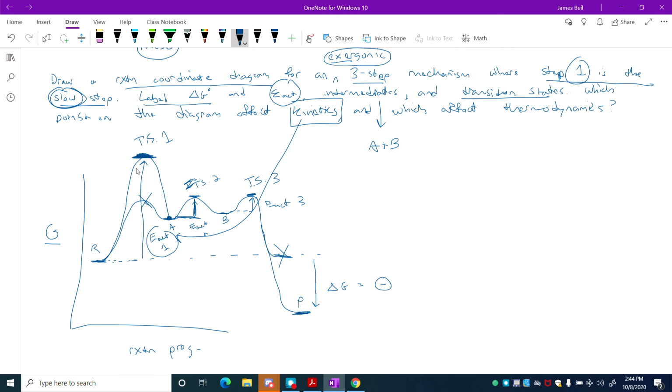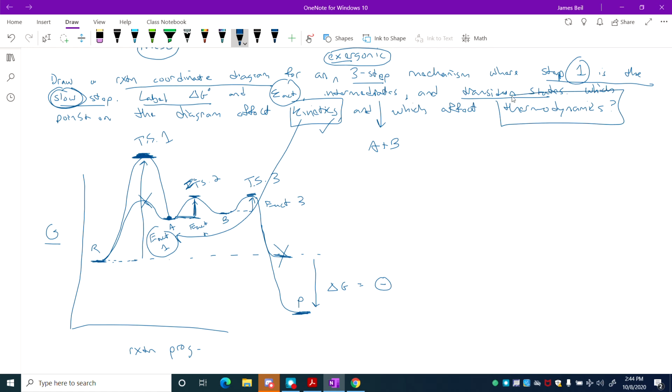If the first step happens 50 times a minute, well, then the whole process will happen about 50 times a minute, because as soon as the first intermediate forms, it's going to react quickly before the next one occurs. So this first step is really slowing the whole thing down. It's the transition state energy or the activation energy for the slow step that affects how often the product is produced, which is what kinetics is measuring.